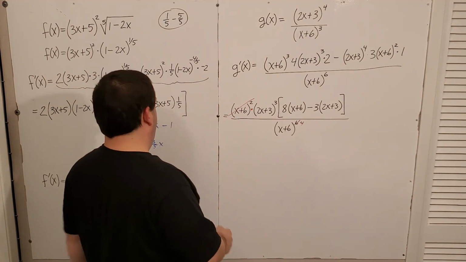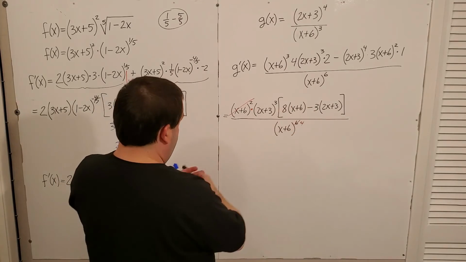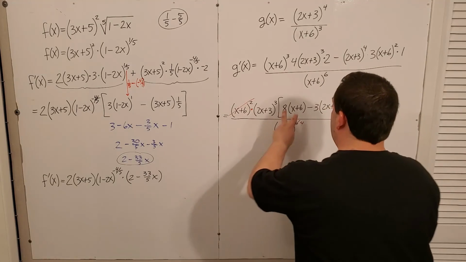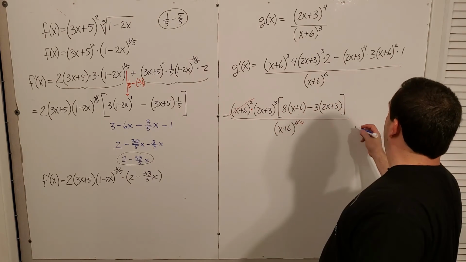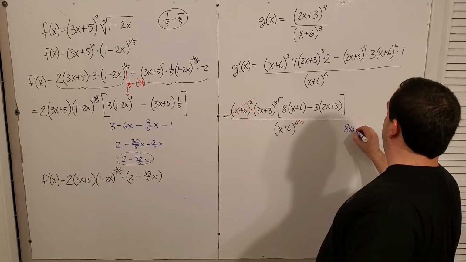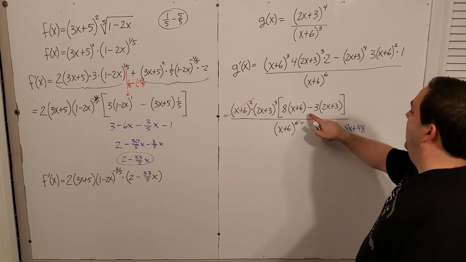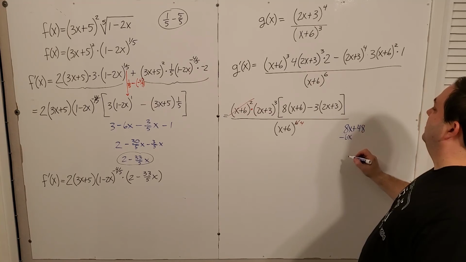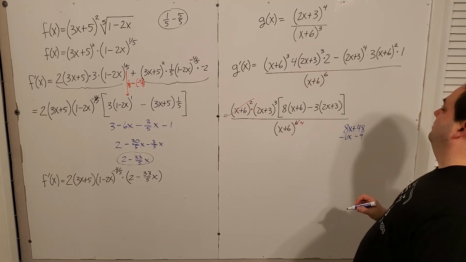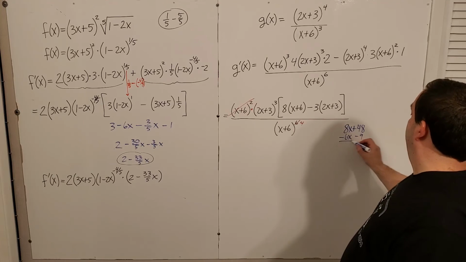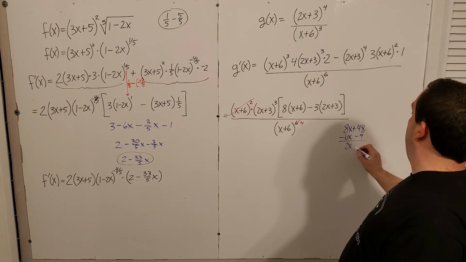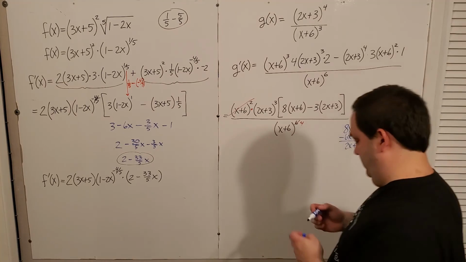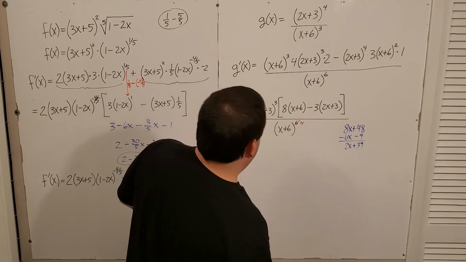Okay, on the side, let's simplify this piece real quick before we follow on. If I distribute my 8, I have 8x plus 48. And then if I distribute my negative 3, I've got minus 6x minus 9, right? For a grand total of 2x plus 39. All right.